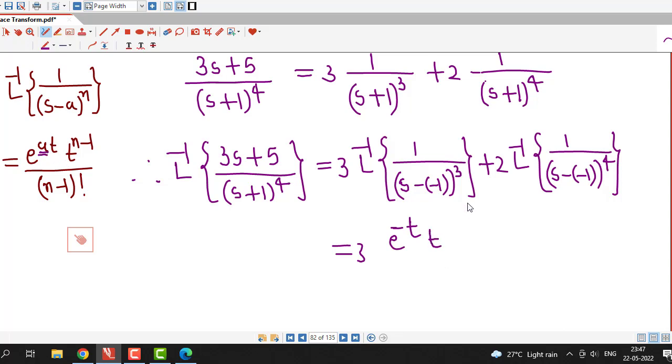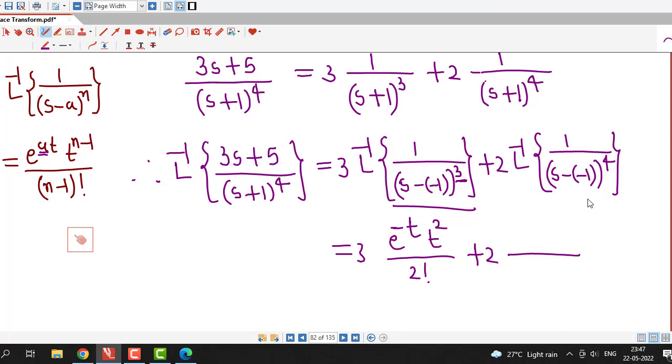In the first function the power is 3, so I have to write 3 minus 1, that is 2, divided by 3 minus 1 factorial, that is 2 factorial. It is t raised to n minus 1 divided by n minus 1 factorial. Here the value of n is 3, so we will have 3 minus 1, that is t square divided by 2 factorial. Same thing here.